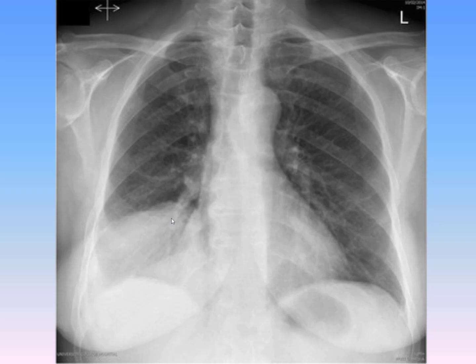And here you can see an x-ray of an old lady who presented to the emergency department with history of hemoptysis and chest pain and dyspnea. She also had a chronic cough with thick yellowish sputum, which was associated with low grade fever and mild weight loss over the past few weeks.